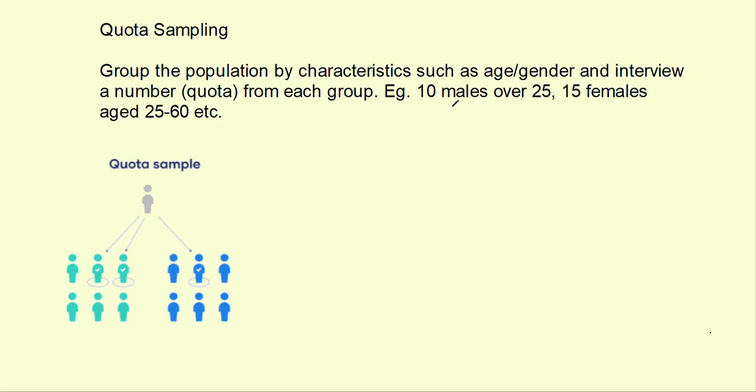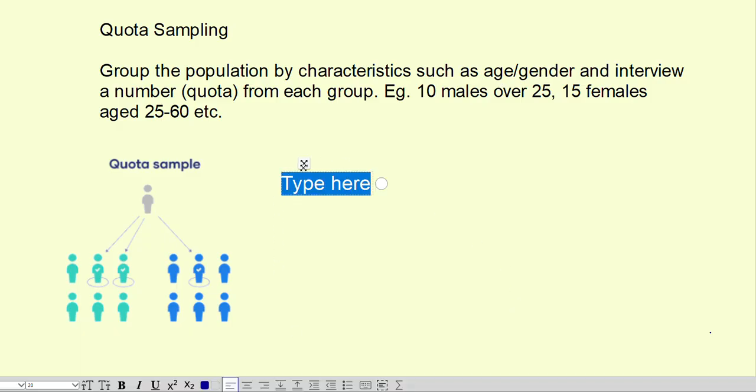Say, for example, 10 males over 25 and 15 males aged between 25 and 60, etc. So you're trying to select a quota from each group, okay? And you obtain the sample by finding members of each group until the quota is reached. So that would be a sample of 25, but then you'd just keep going in the different groups till you had the full amount. So advantages here: quick to use, cheap.